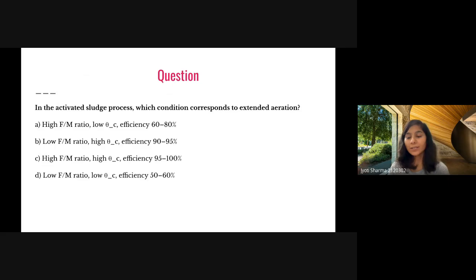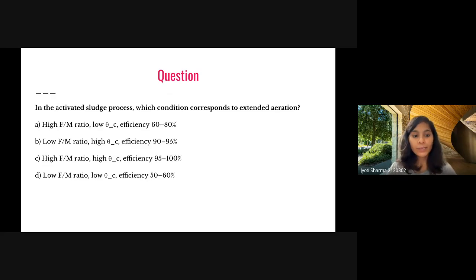Okay, as I told you about the F and M ratio, you have to tell me what the F and M ratio should be, and according to that, what would be the efficiency to remove that BOD, or to remove that organic matter from your polluted water.